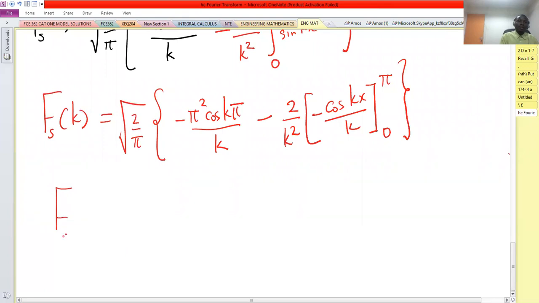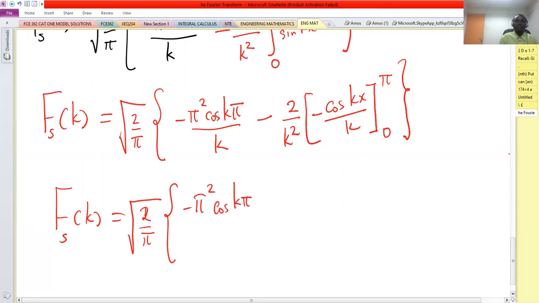So the sine Fourier transform of the function is square root of 2 over pi times minus pi squared cosine k pi over k, minus minus is plus, so 2 over k cubed, and the upper limit gives cos k pi, minus, and when I put in 0, cos of 0 is 1.